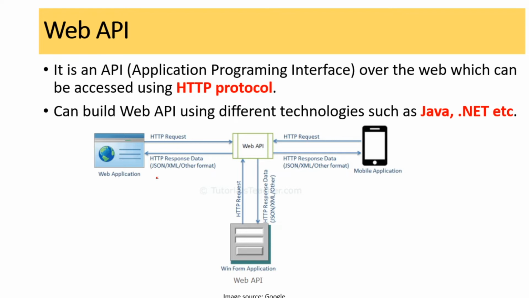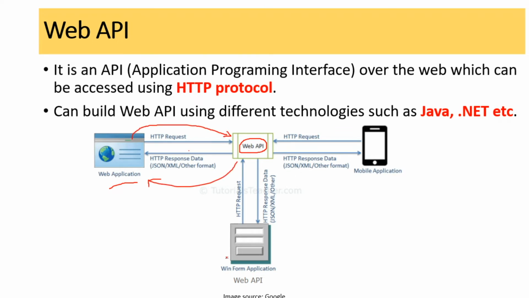So what is a Web API? It is an application programming interface over the web which can be accessed using the HTTP protocol. Through this HTTP protocol, your request and response are handled. So we have a web application and we have a web API. The HTTP request will be sent from the web application to the web API.